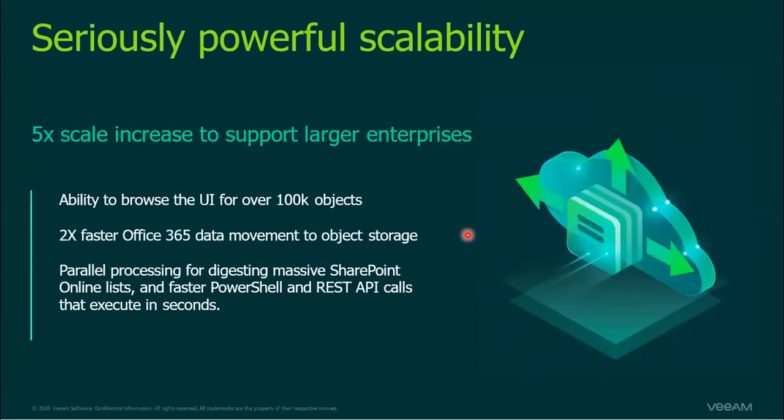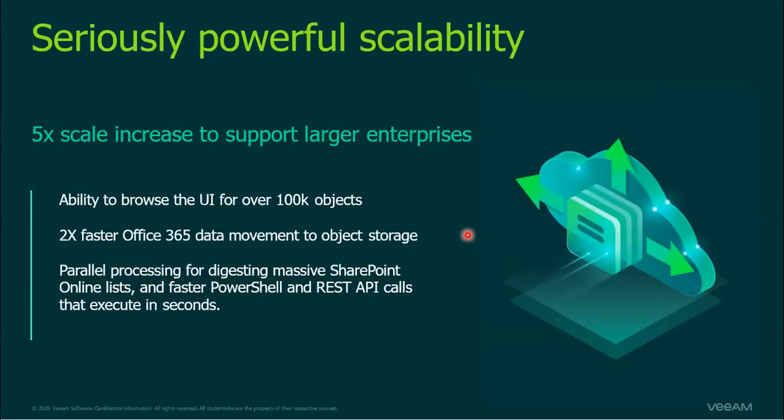Seriously powerful scalability. It supports 5 times higher, now supporting larger enterprises. There are more parallel streams which have been added when it comes to backing up Office 365 data. Parallel processing speed has been introduced. Digesting massive SharePoint Online lists has been improved when it comes to backing up your Office 365 tenants.